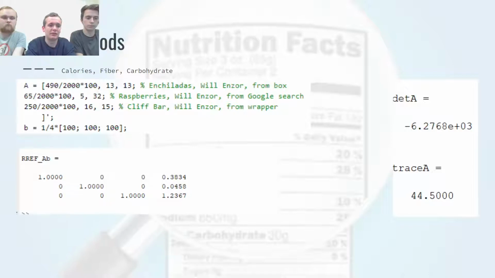Then I have the reduced row echelon form of AB, and that shows I needed 0.3 servings of enchiladas, 0.04 servings of raspberries, which would be like just 1 raspberry, and that's kind of strange, and 1.2 Cliff Bars. Here's the determinant and the trace as calculated by MATLAB.